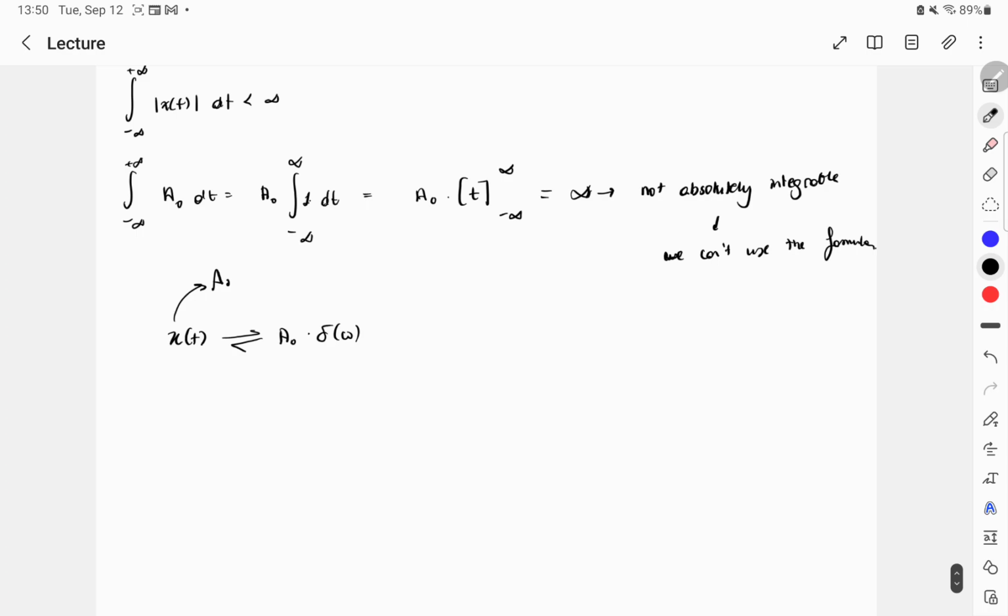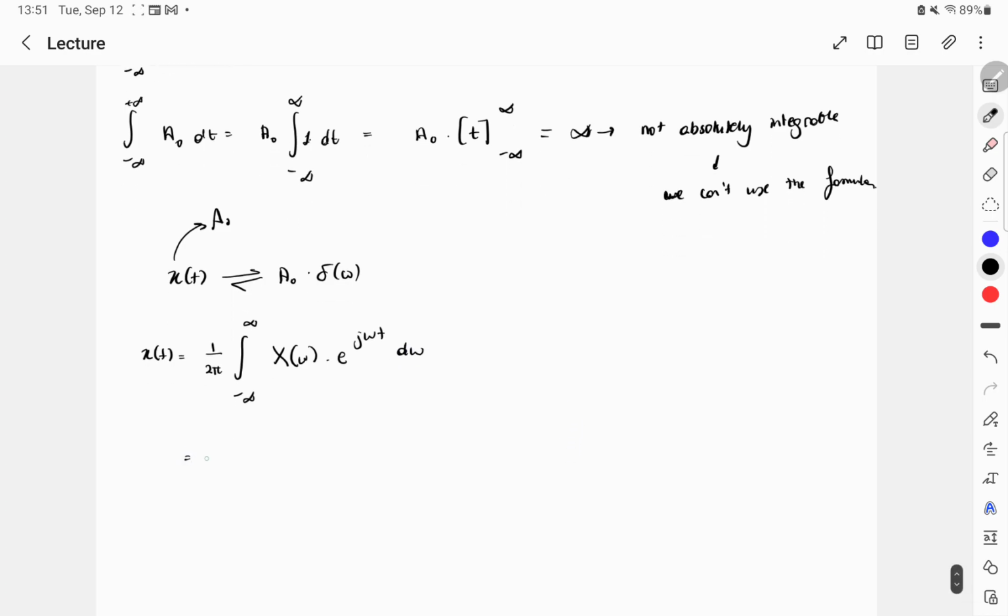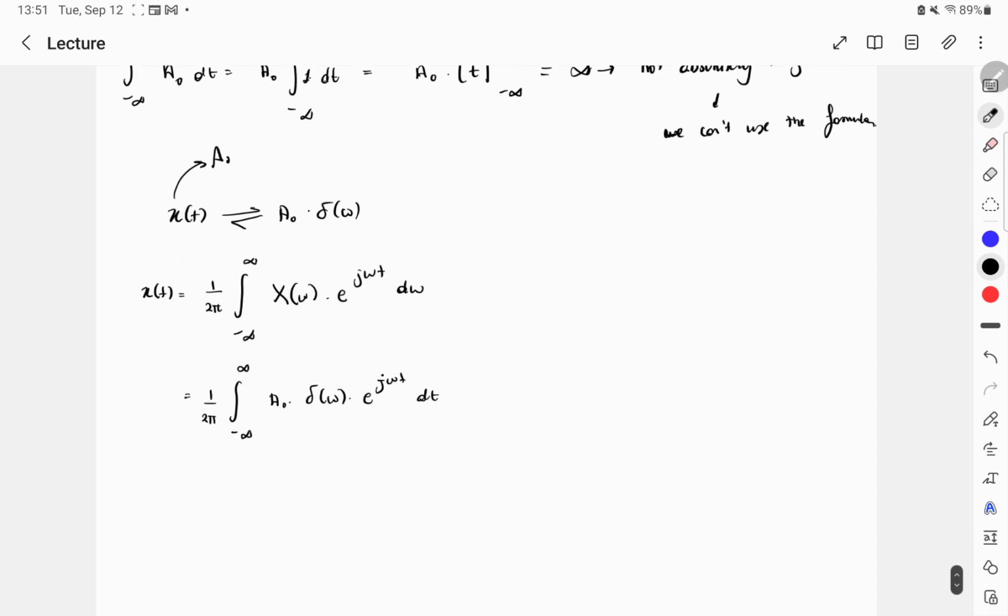Now, we have this relation: x(t) equals 1/2 pi integral from minus infinity to infinity of our Fourier transform times e to the power of j omega t d omega, and we just put in its place a0 times delta omega. Let me just rewrite this over here.